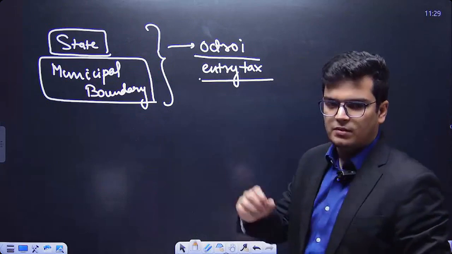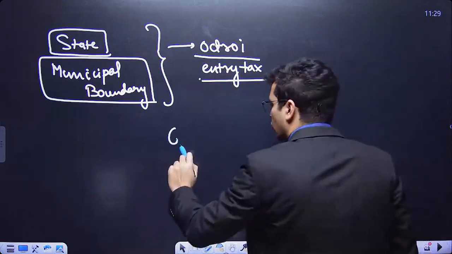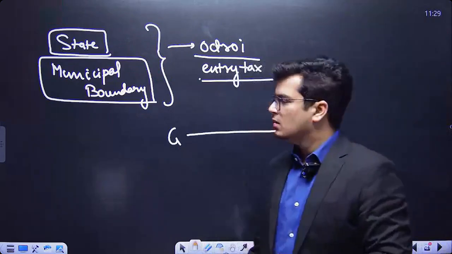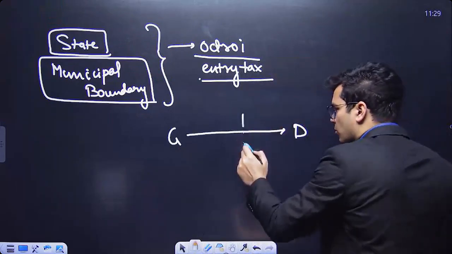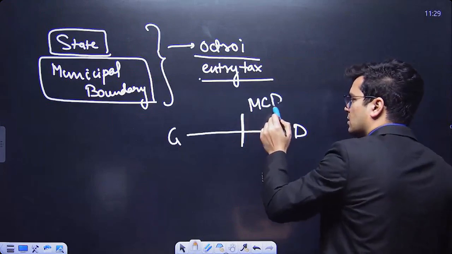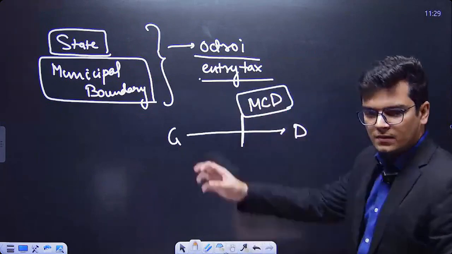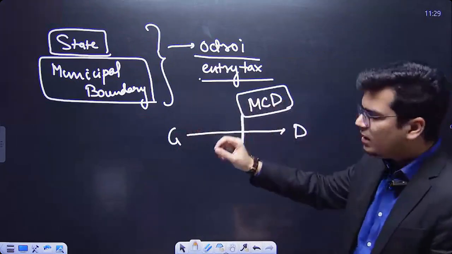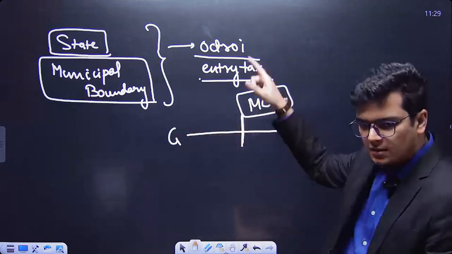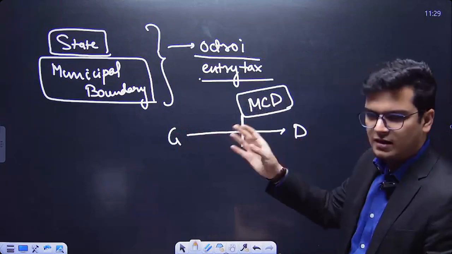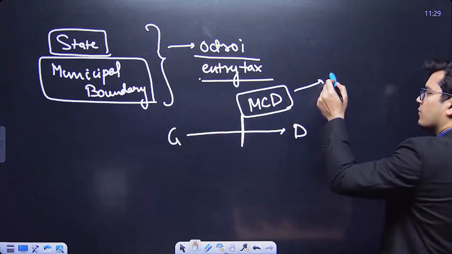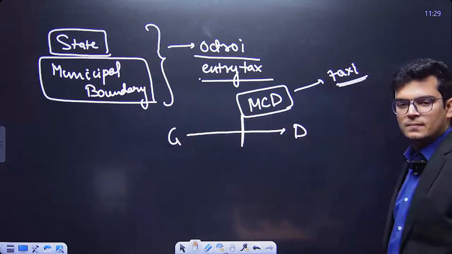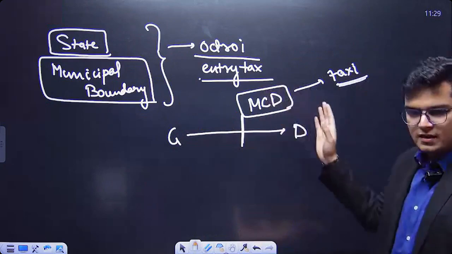For example, when I go from Gurgaon to Delhi, the Municipal Corporation of Delhi says that if you are changing this boundary of a commercial vehicle, if you are coming in a commercial vehicle from some other part of India to Delhi, let's say a taxi from Gurgaon to Delhi, there has been a change of boundary of a commercial vehicle.